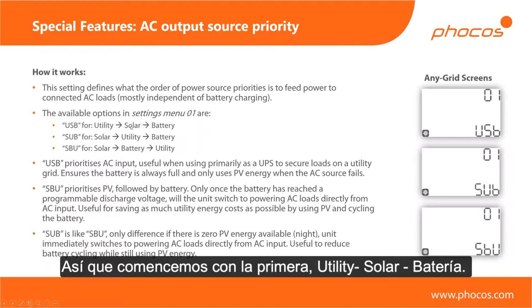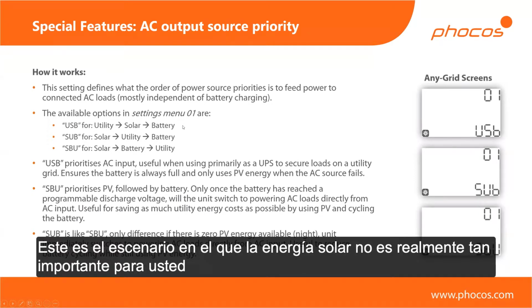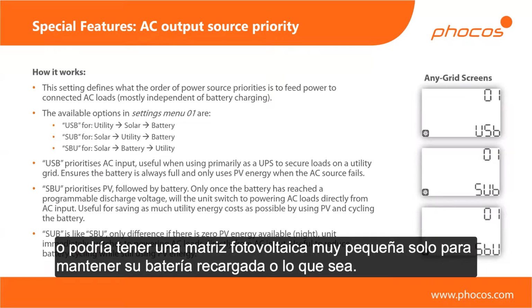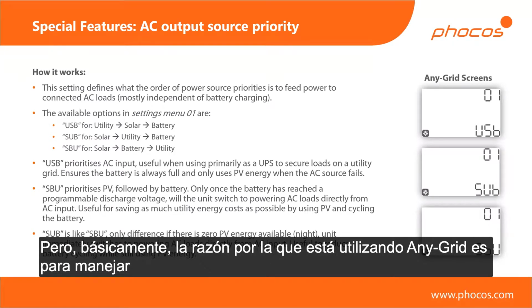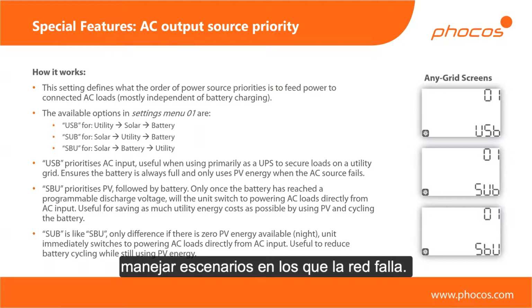So let's start off with the first one, utility solar battery. This is the scenario where solar isn't actually that important to you, or you might have a very small PV array just to keep your battery topped up or whatever. But basically, the reason you're using the AnyGrid is to handle scenarios where the grid fails.